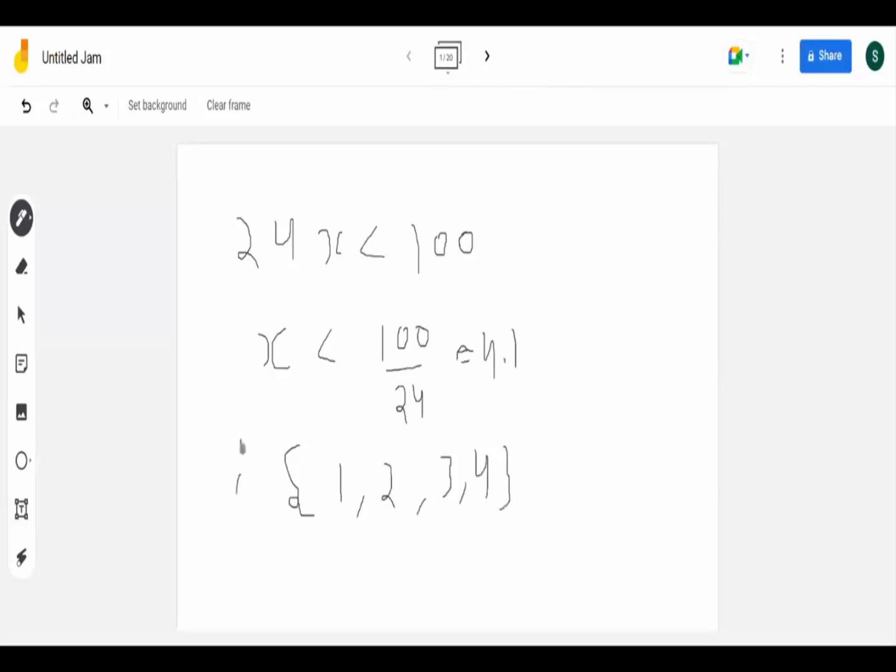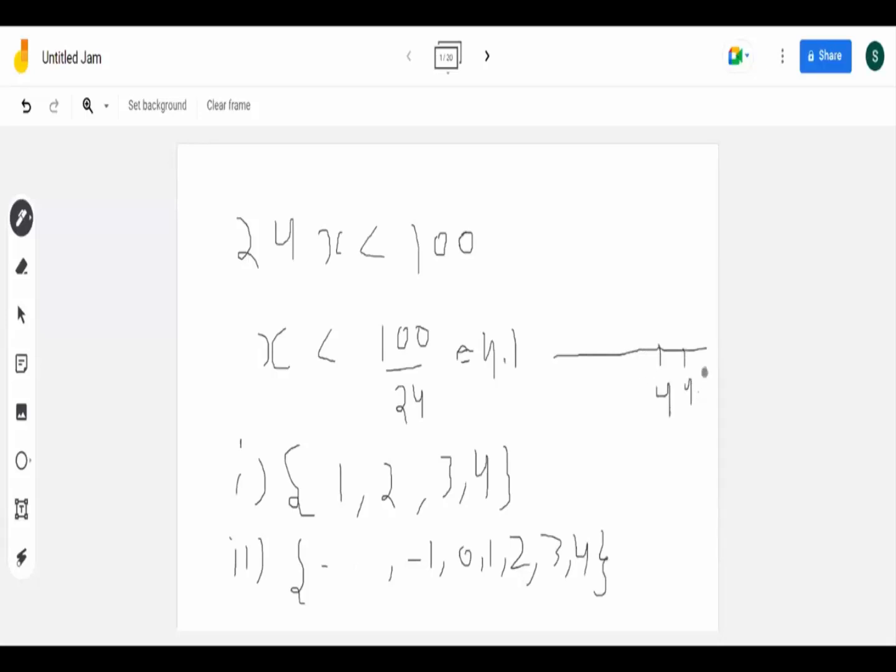And if x is an integer, our integer can range from minus infinite to minus 1, 0, 1, 2, 3 till 4. You can also visualize this by using a number line. This is 4, this is 4.1.